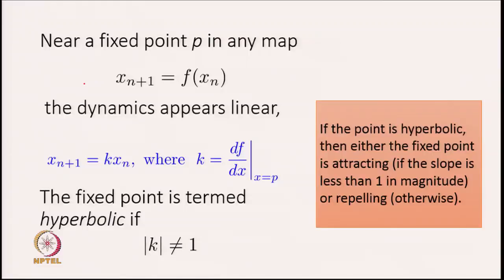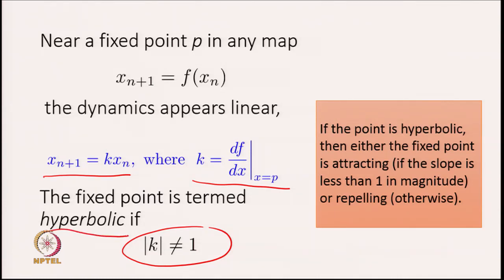So, near a fixed point P in any map, the dynamics appears linear, and this linearized dynamics is represented by x n plus 1 is k x n, where k is just the value of the derivative at the fixed point. If k is not equal to 1 in modulus, the fixed point is termed hyperbolic.